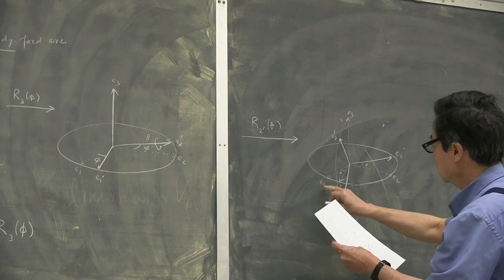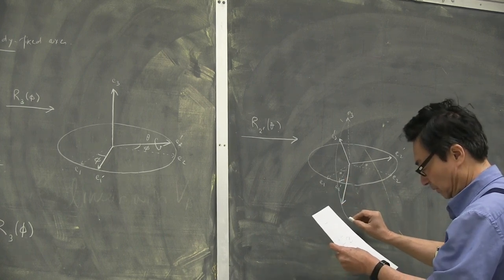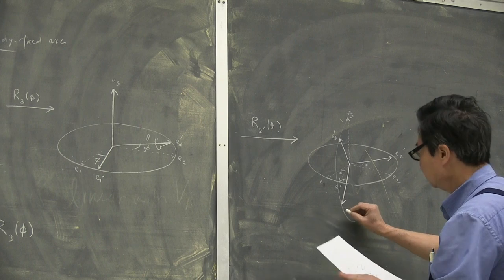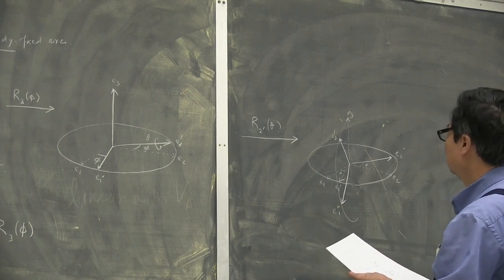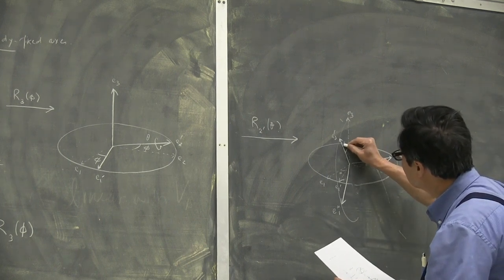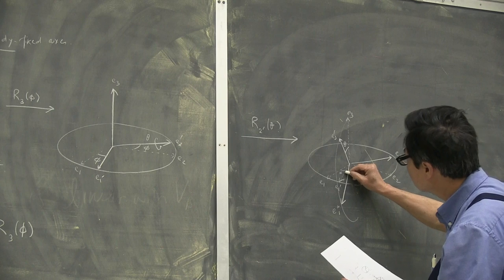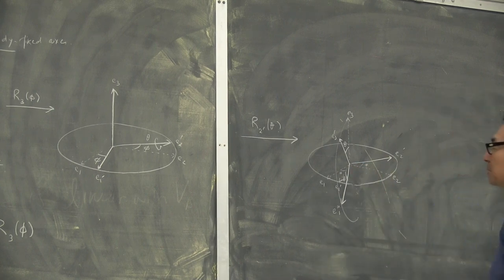I've used up the names E1 and E1 prime, so let me call this E1 double prime. I'm rotating by an angle theta, so this is angle theta in here, and I'm coming down here like so. The diagram becomes a little bit more complicated, but I hope you understand what we are trying to do.